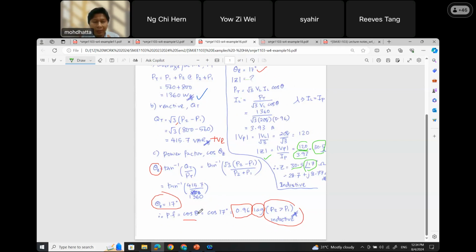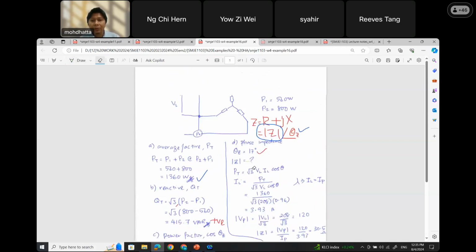So it is very important that you understand that cos theta is basically cos theta Z, and theta Z is also theta of S. Later on, it might be useful for you to know the angle of your impedance. Any questions so far?